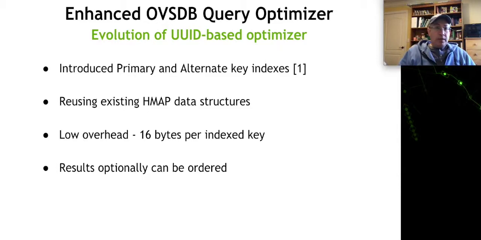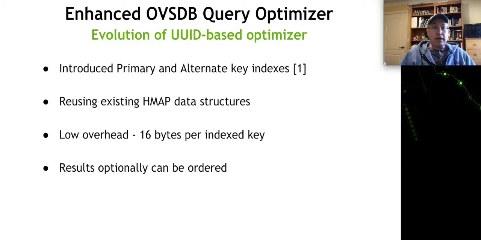By looking at the implementation of what we have today and trying to evolve the UUID-based optimizer, we were thinking about introducing primary and alternate key indexes. At the same time, if there are going to be new indexes, we don't want new data structures appearing in the code base; we want to reuse an existing data structure.